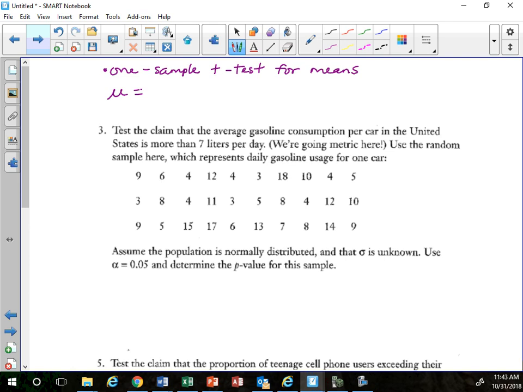Okay, so we are looking for the true average of gas consumption per car, right? In the U.S.